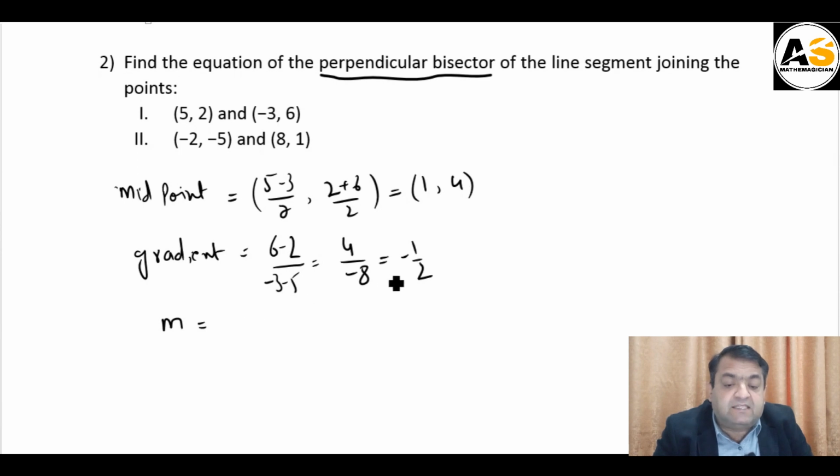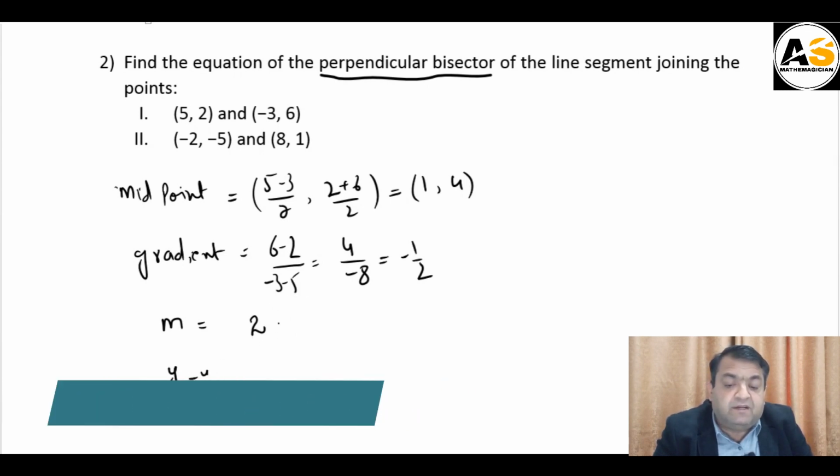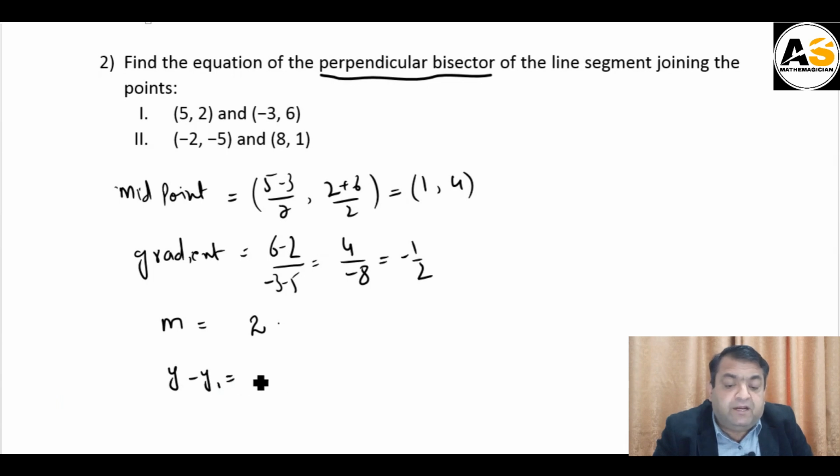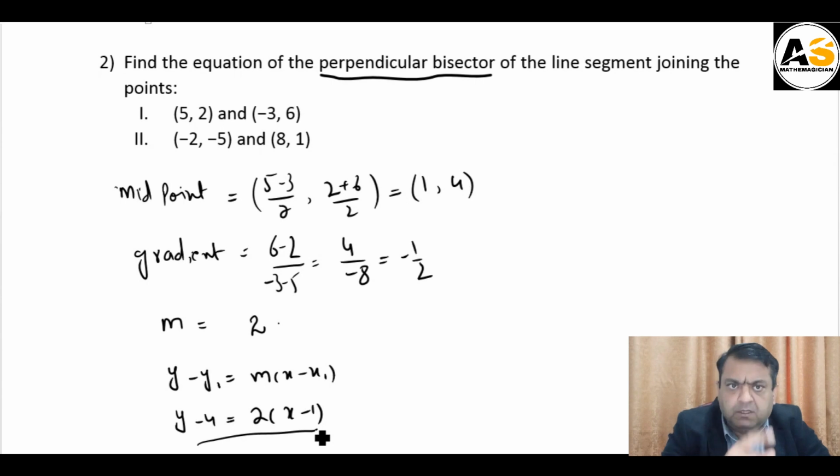It is the negative reciprocal, which will be 2. So this is the gradient, this is the point, and we will form the equation y minus y1 is equal to m into x minus x1. y minus 4 is equal to 2 into x minus 1. You can simplify it to gradient intercept form.